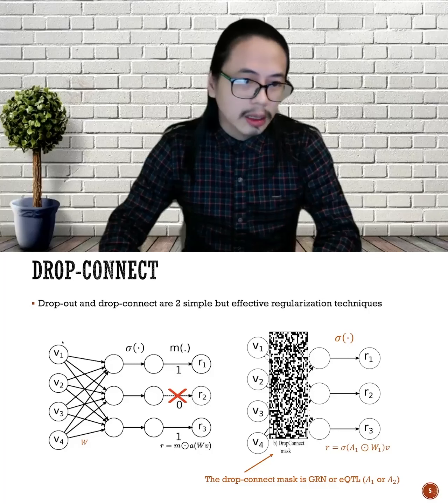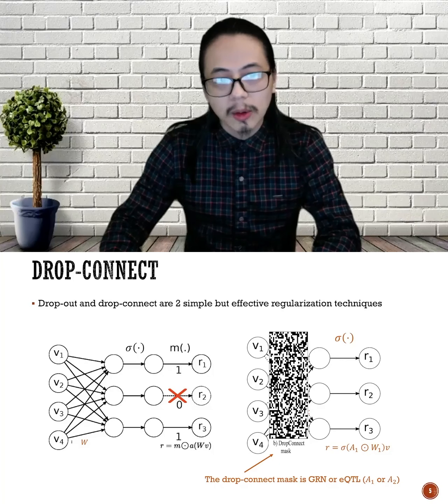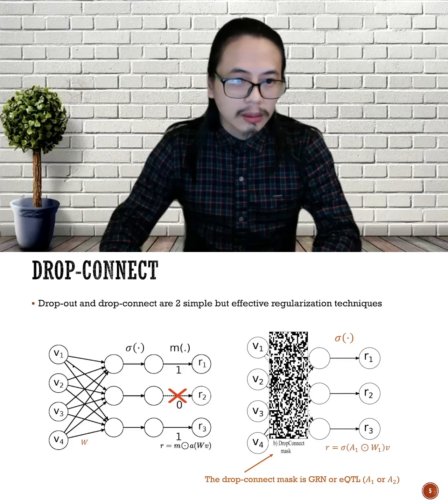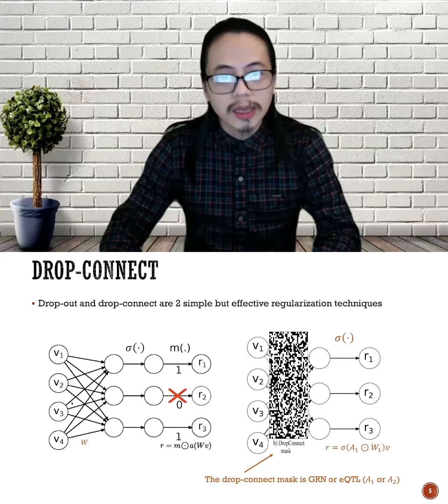And instead, if we don't train the network with the full connection depicted by the parameter W here, but randomly drop out some connections, it's called drop connect. So these are two very simple but effective regularization techniques.